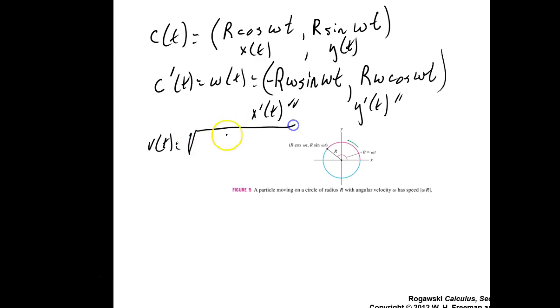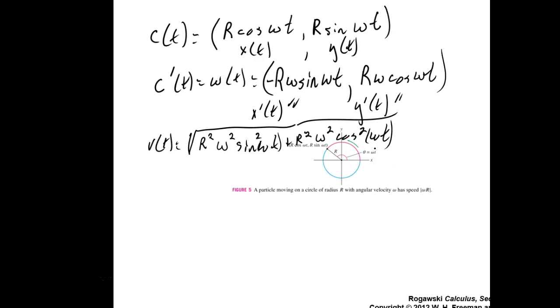The square root of x prime squared, which would be r squared omega squared sine squared omega t, plus y prime squared, which would be r squared omega squared cosine squared omega t.